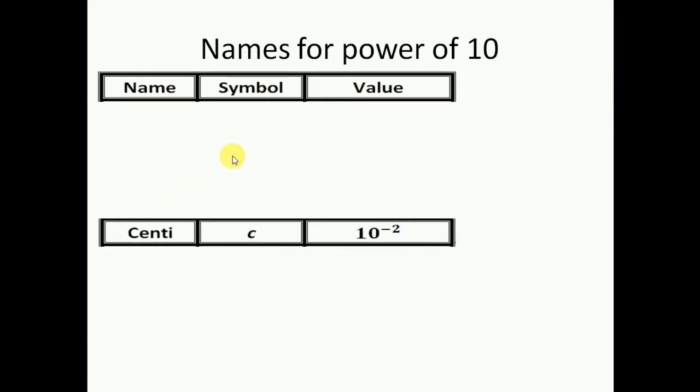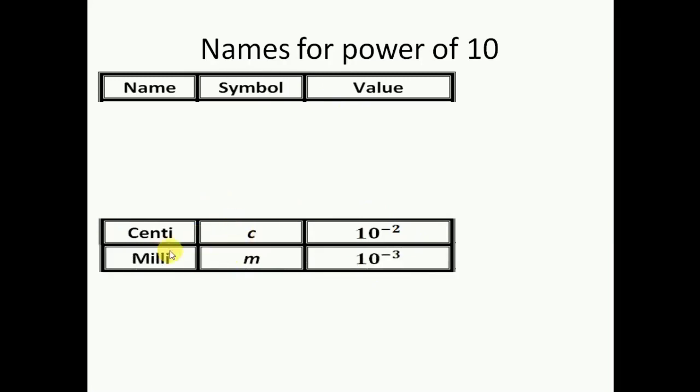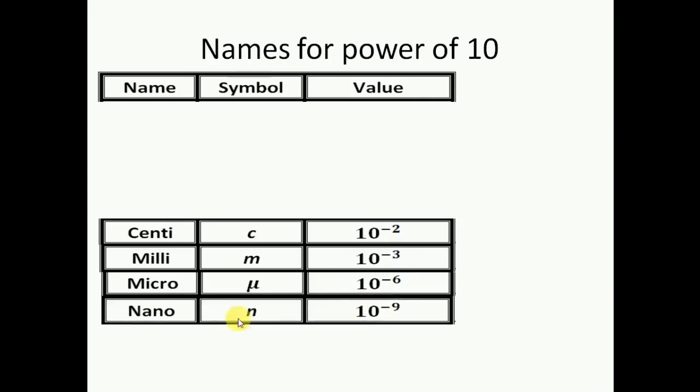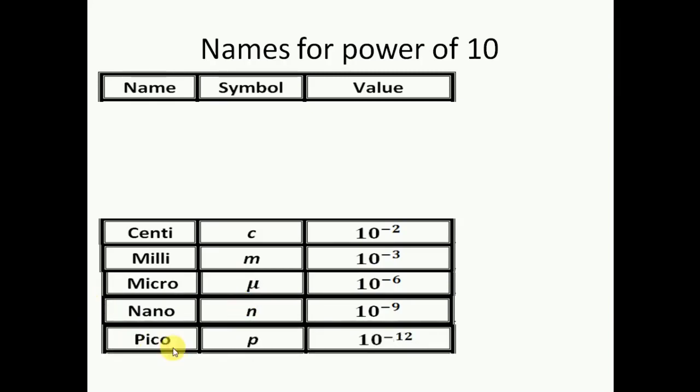For centi we have the value 10 to the power minus 2, and the symbol is small c. Milli is small m, 10 to the power minus 3. Micro is mu, 10 to the power minus 6 is the value. Nano is 10 to the power minus 9, we denote it by small n, and pico, that is 10 to the power minus 12, we denote it by small p.